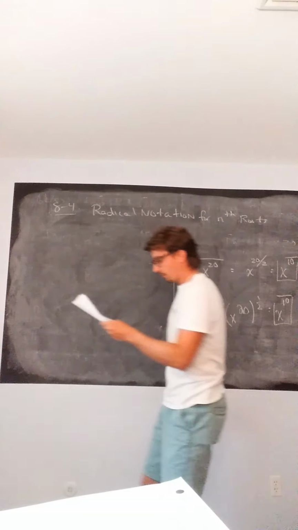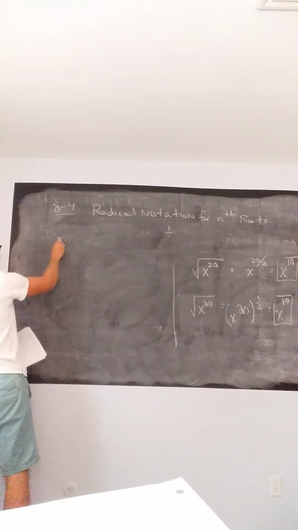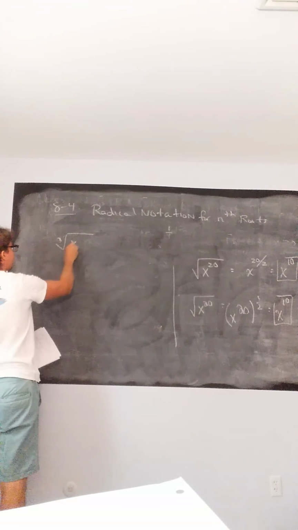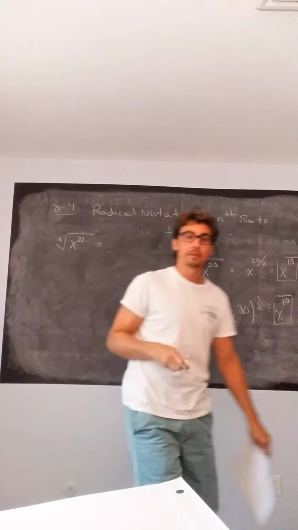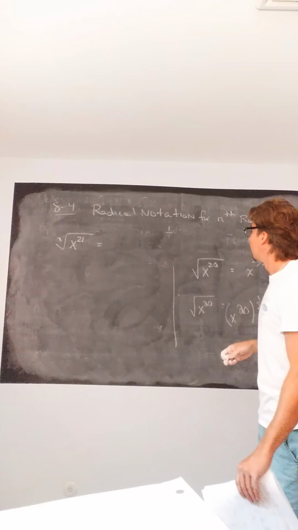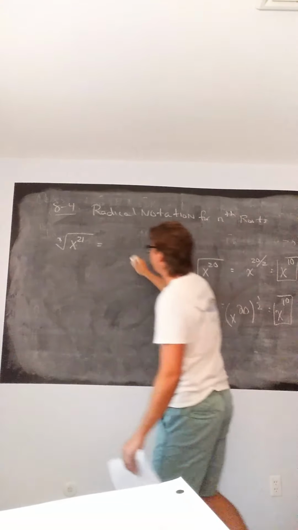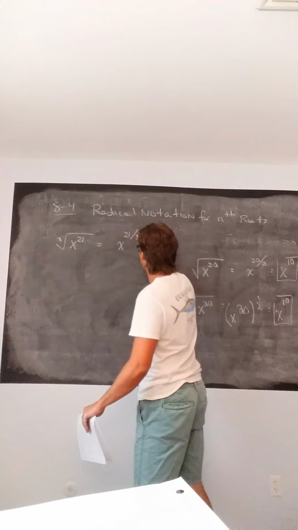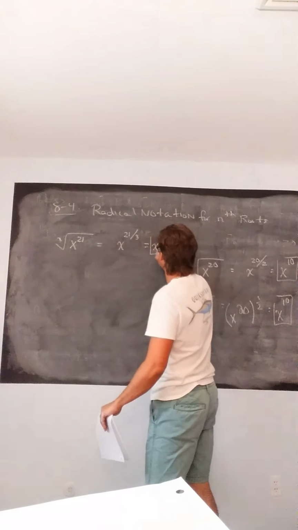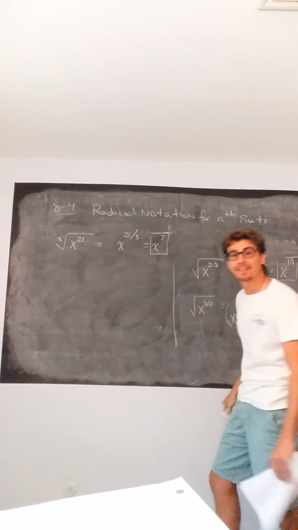Here's another one, for example. How about if we have the 3rd root of x to the 21st power? So we can write this as x to the 21 over 3 power, which means we have x to the 7th power. See how easy that is?